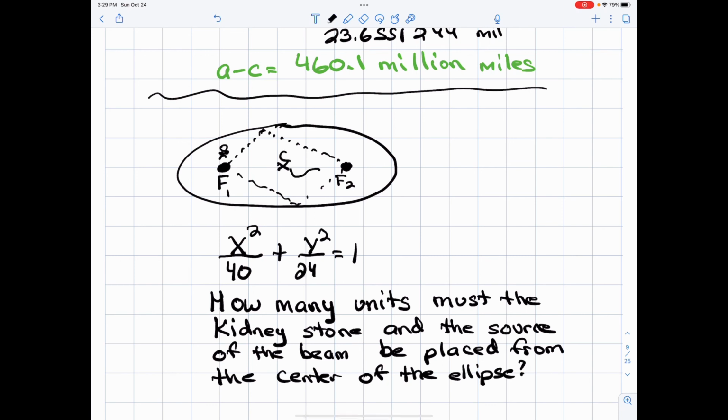So essentially, you're trying to find that little c value there. So you're trying to see that distance from the center to each focus.